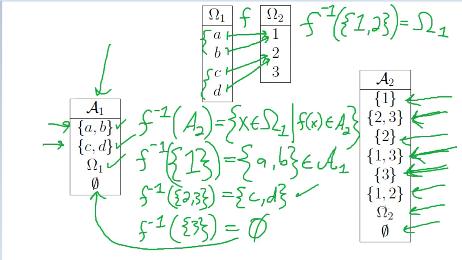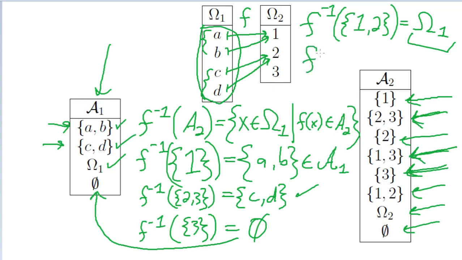What gets sent to omega 2? Well, in other words, all of these get sent to somewhere within omega 2. So again, the pre-image would be omega 1. And what gets sent to absolutely nothing? Well, nothing, right?